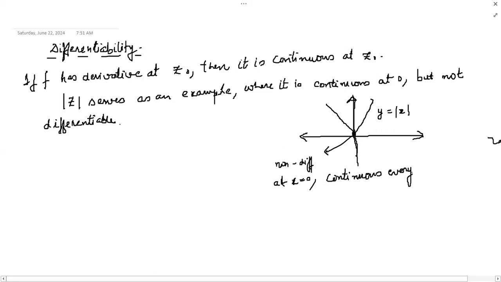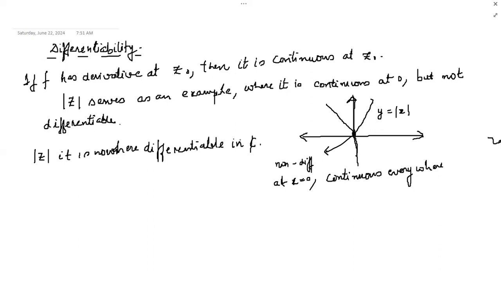But the problem with this particular function, that is modulus of z, you'll find that it is nowhere differentiable in C. So the complex analog of the modulus function turns out to be nowhere differentiable.